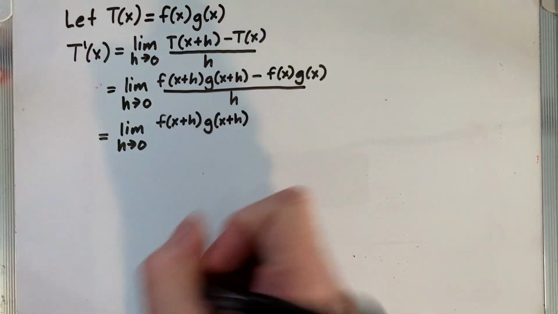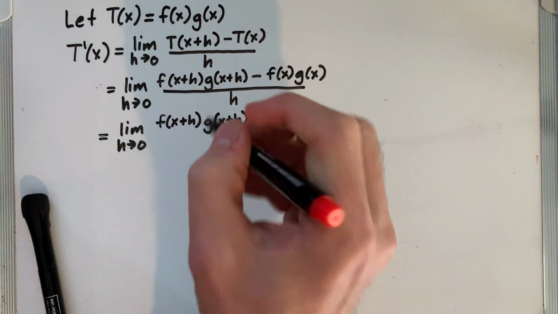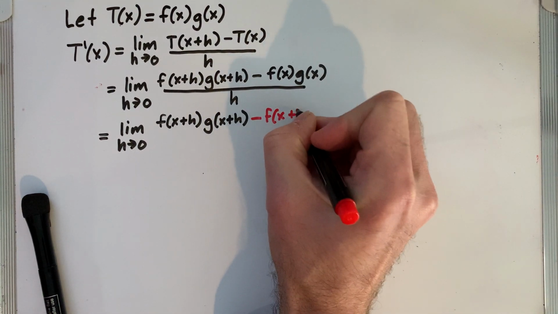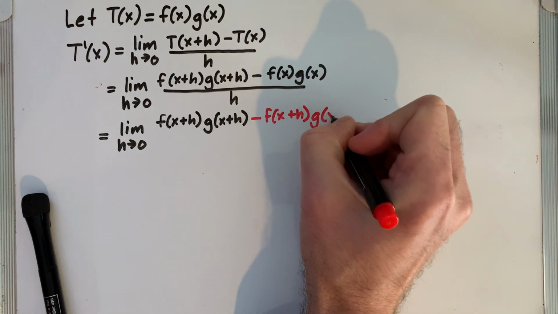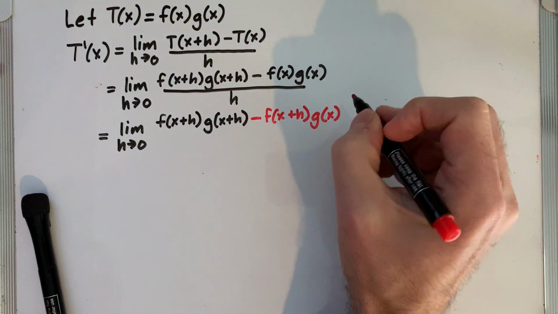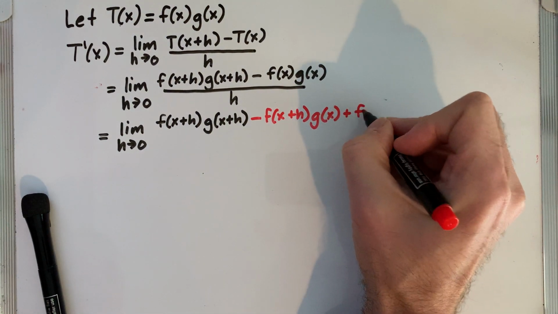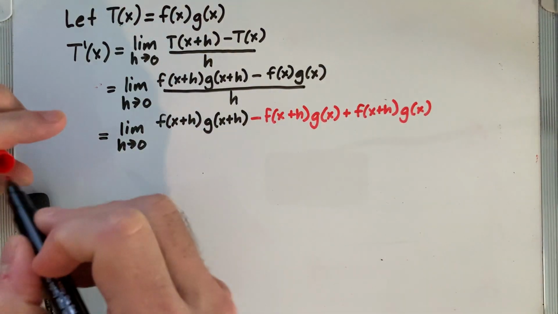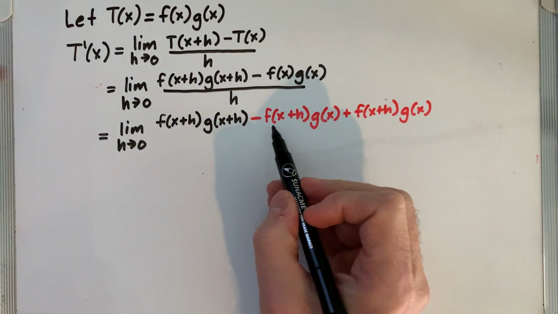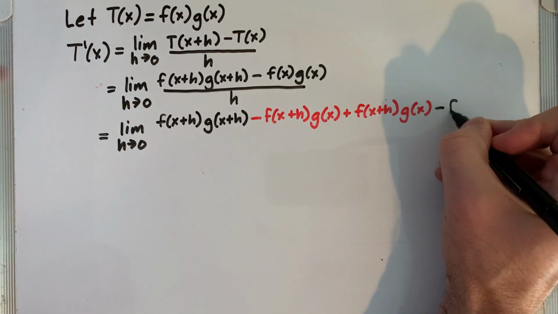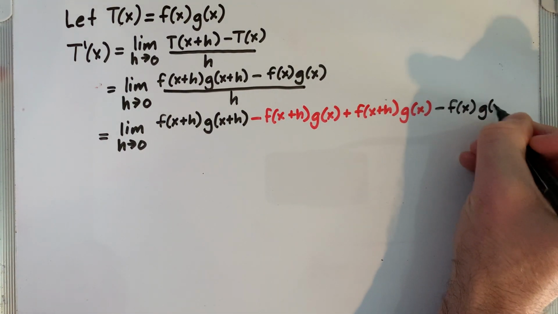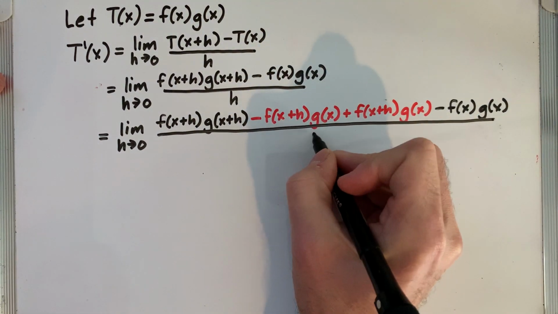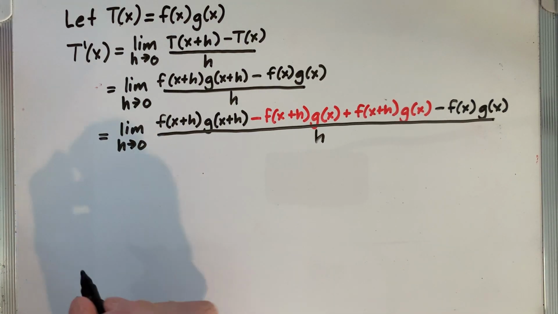So we have this first term, and then we are going to subtract f of x plus h times g of x, and then we are going to come back and add that same term. Now we can do this because our net gain here is 0. We're adding nothing to it. And so why are we doing it, right? All of this, world's biggest numerator, over h.